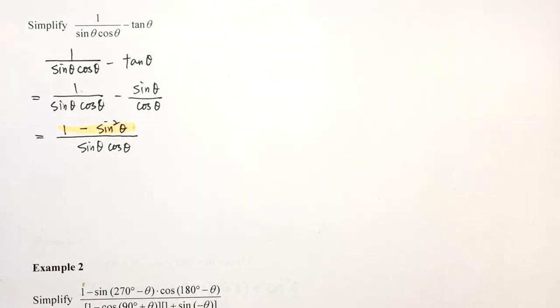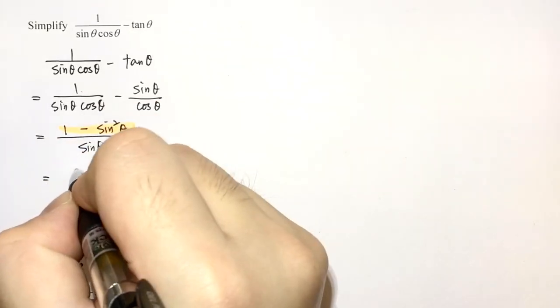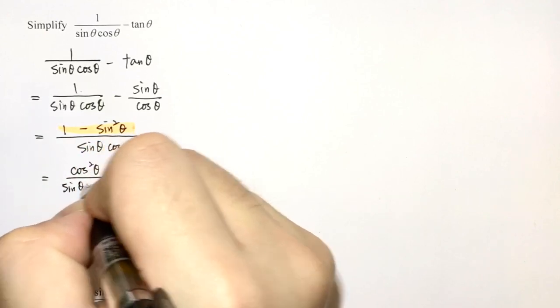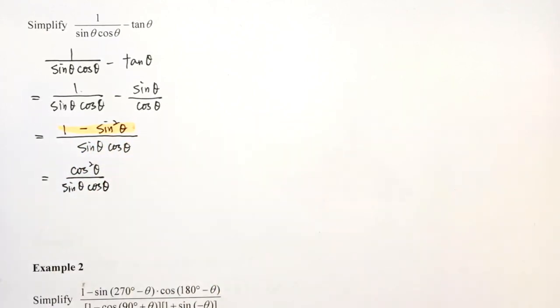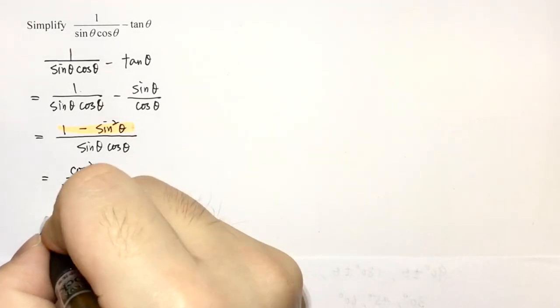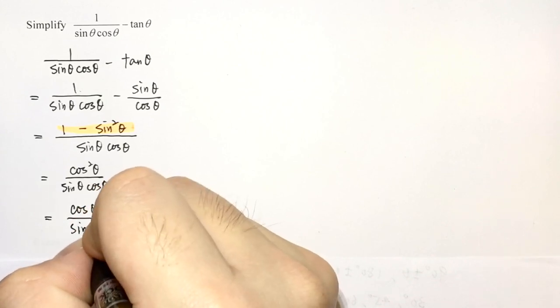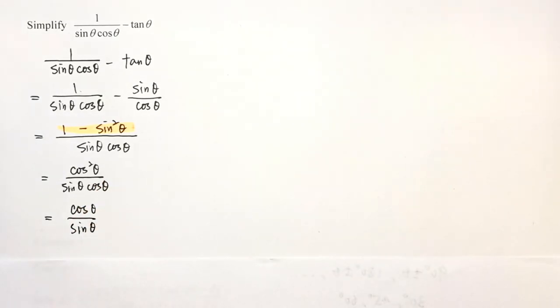So you need to convert it to cosine square theta over this one. And one of the cosines is gone, so your final answer is cosine theta over sine theta. Okay, this is the final answer.